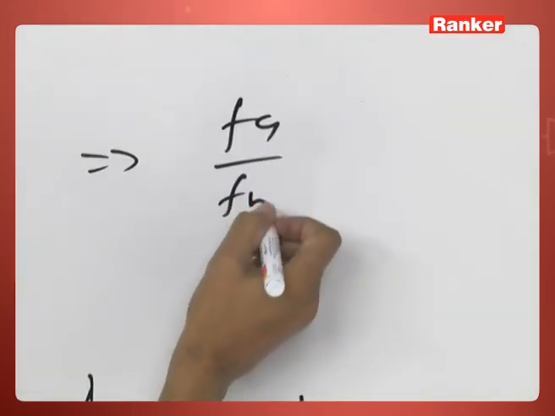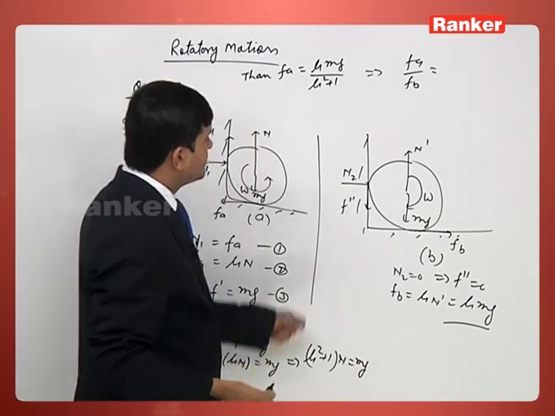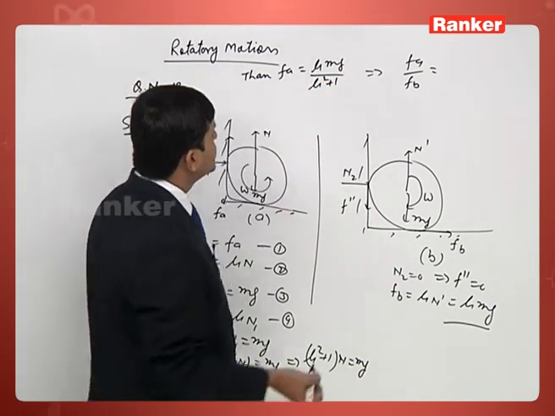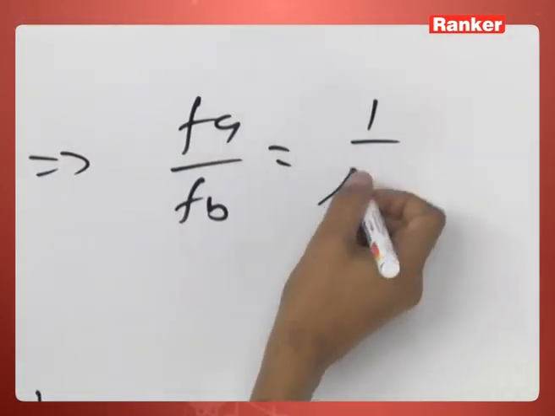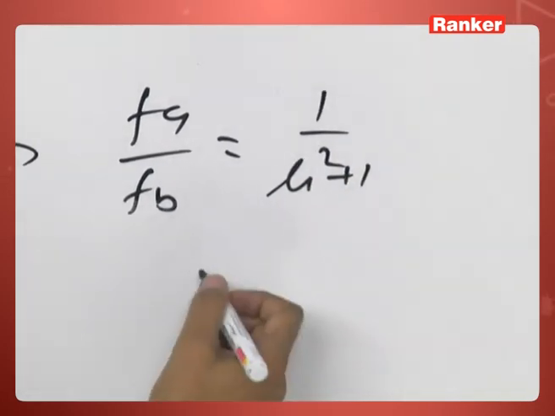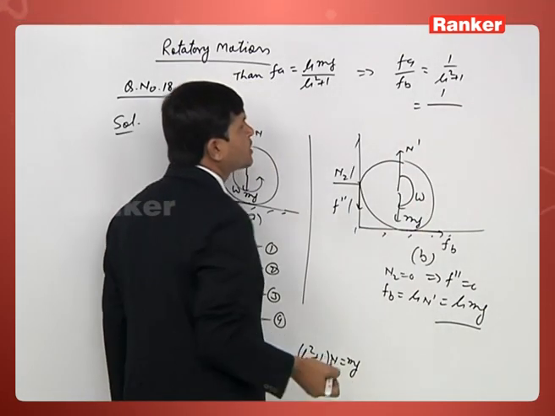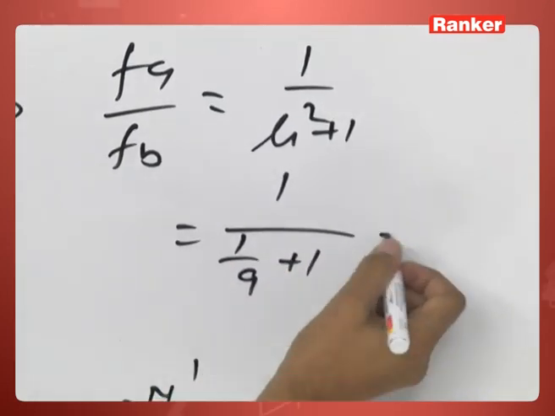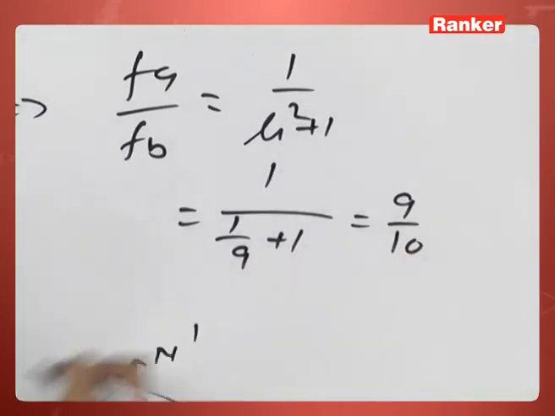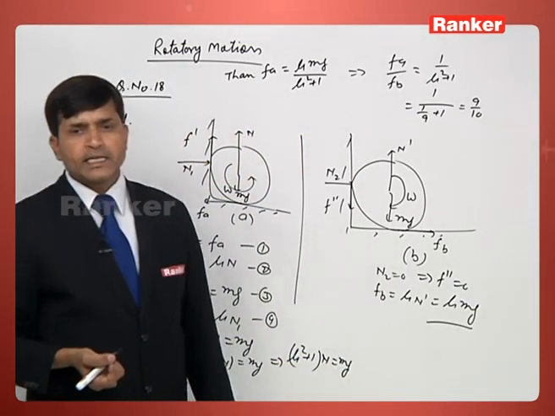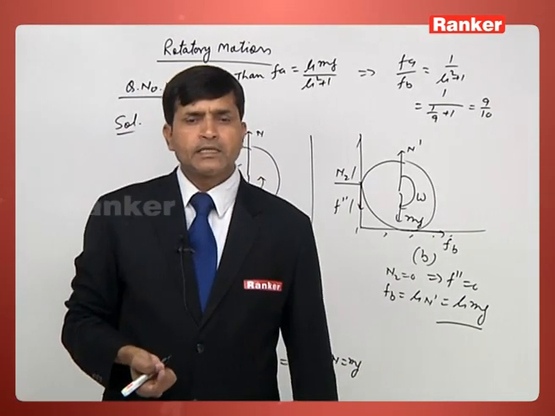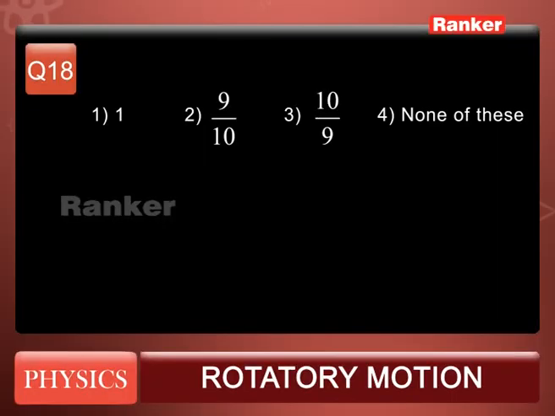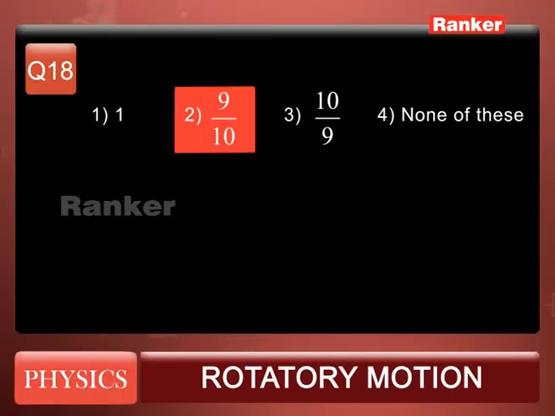Fa by Fb is 1 by (mu square plus 1), and with mu given as 1 by 3, it is 1 by (1/9 plus 1). So this is 9 by 10. This is our correct option. So answer number 2 is the correct answer.